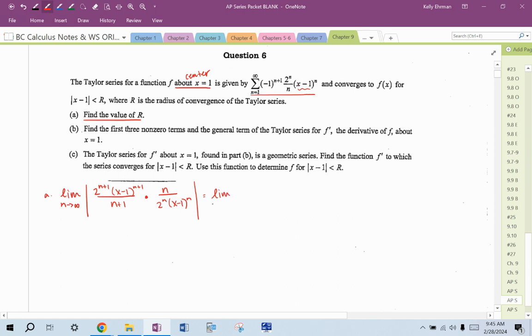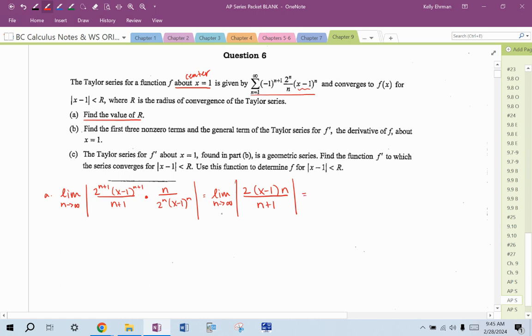Don't drop your limit notation until you actually take the limit, and you really should rewrite this simplified. Don't just start slashing things out. We want our work to be clear and easy to follow for whoever's grading the AP test. So 2 to the n plus 1 over 2 to the n is 2. x minus 1 to the n plus 1 over x minus 1 to the n is x minus 1. There's still an n, and there's still an n plus 1.